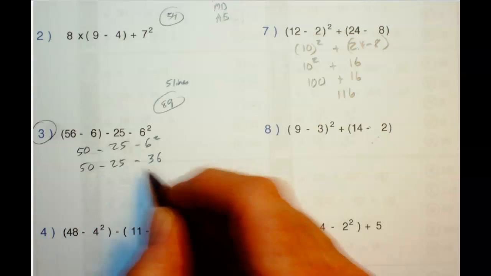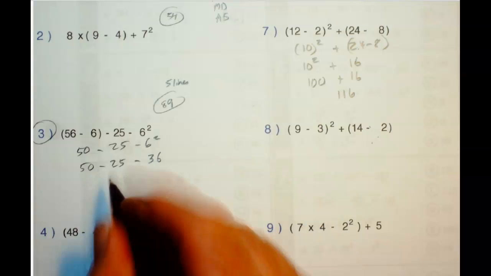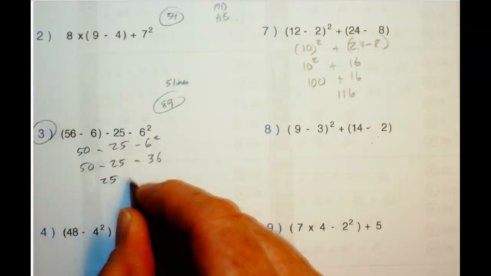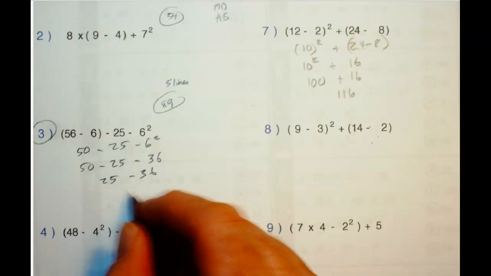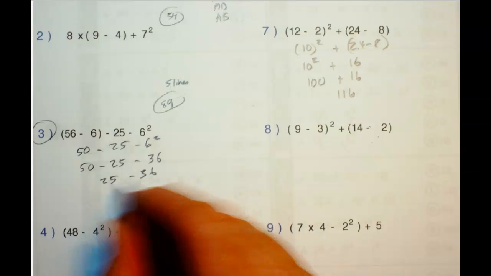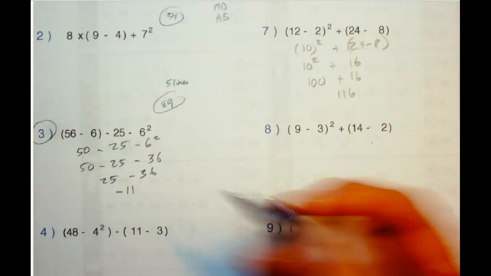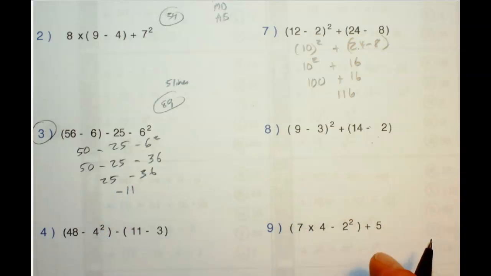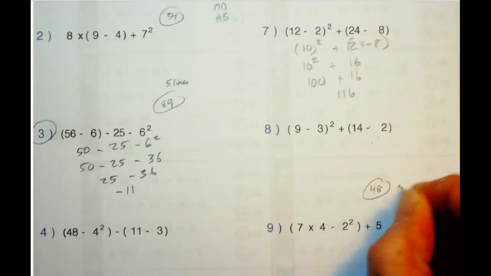Okay, well, we have 2 subtractions here. So we're going to do this one first because we move from left to right. So 50 minus 25 is 25, minus 36. If you put that into your calculator, or you think about it, if you have $25 and you spend 36, you actually have negative 11. Okay, this one over here, your answer is going to be 48, and this is going to be 5 lines.